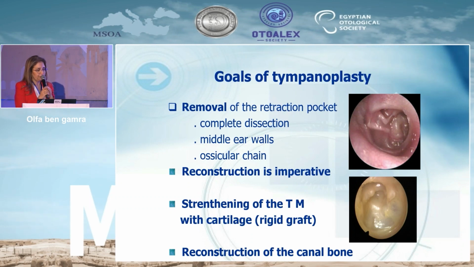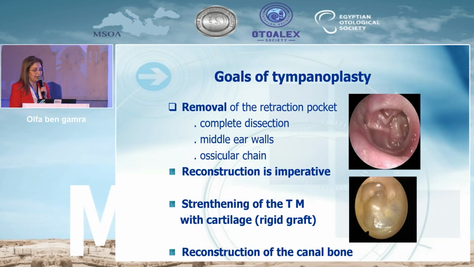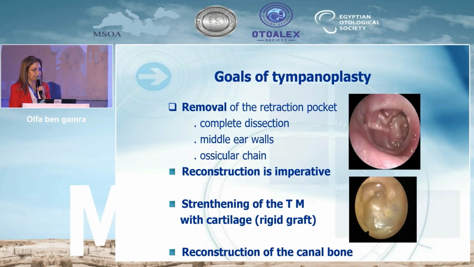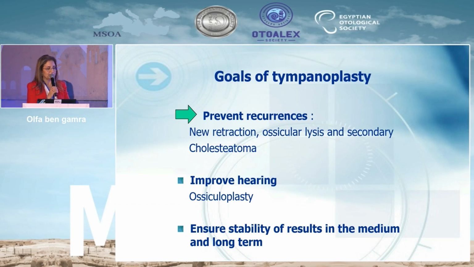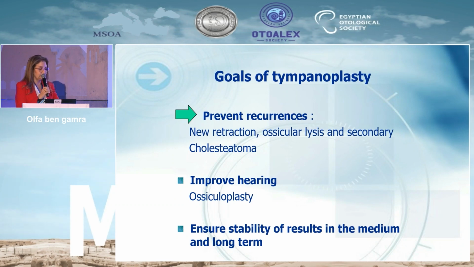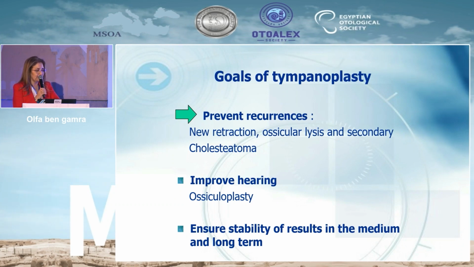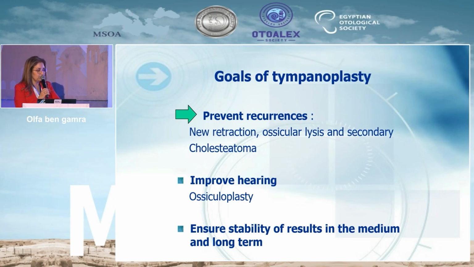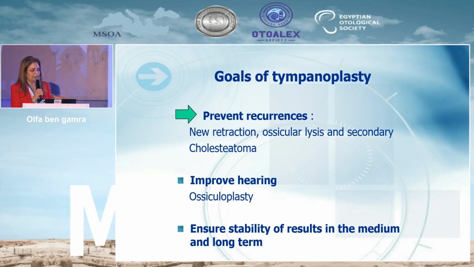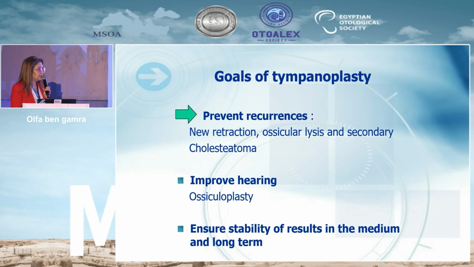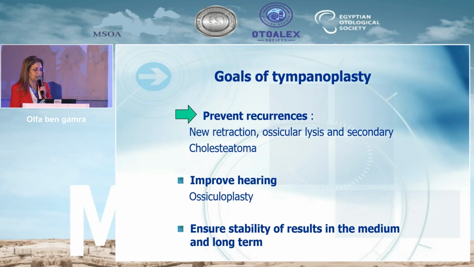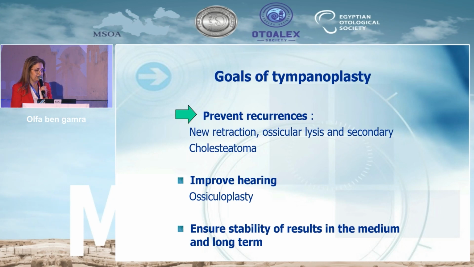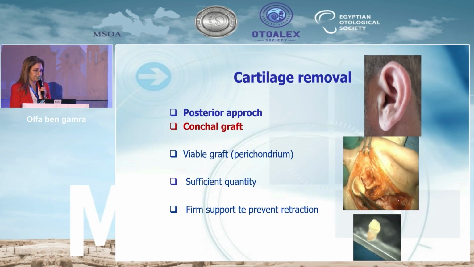The reconstruction of the tympanic membrane and any bone defects is imperative to prevent recurrences, new retraction, ossicular lesions, and secondary cholesteatoma formation. The stability of the results, anatomic and functional, is indicative of the success of surgery.